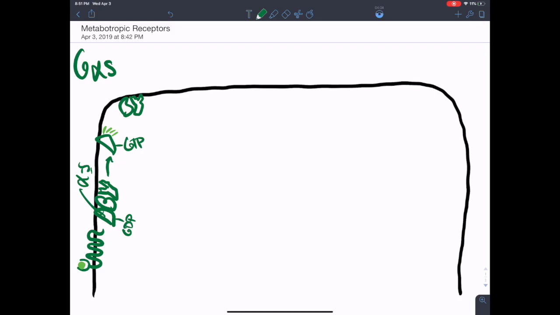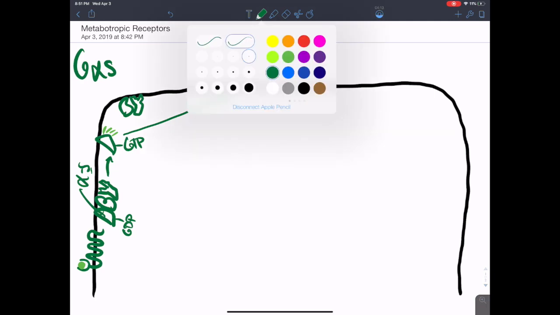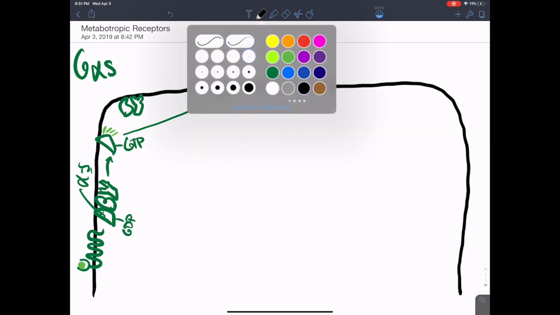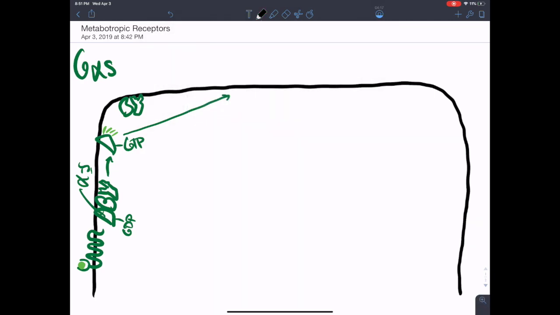The major effect of this alpha subunit being active is going to be the positive regulation of a protein known as Adenylyl Cyclase. And I'm going to draw this in black because it's affected by 2 different pathways. So Adenylyl Cyclase is a 12-pass transmembrane protein, right? So it's going to be conjugated to the membrane as well.